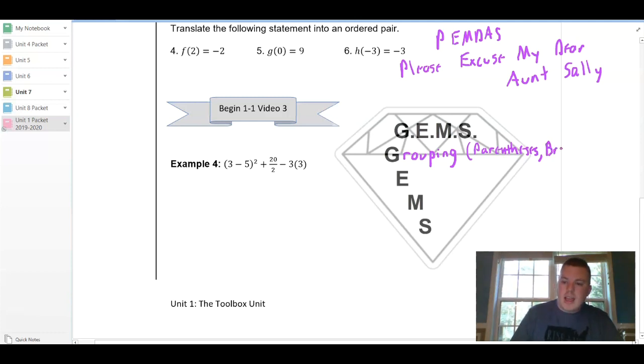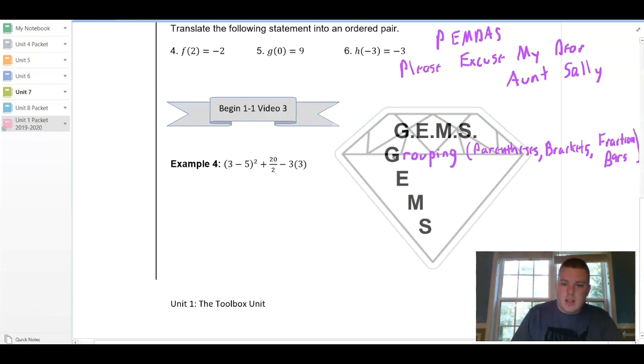It could include brackets. Sometimes you might even see it include fraction bars. And there are some other different situations that you might see grouping of. But those are the main ones we'll deal with in this class. The next thing is going to be exponents.